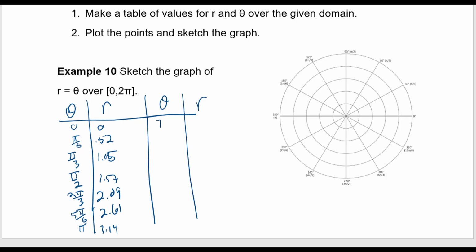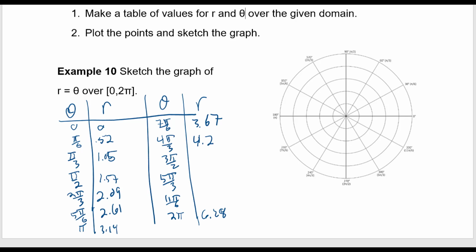And we can do 7 pi over 6, 4 pi over 3, 3 pi over 2, 5 pi over 3, 11 pi over 6, and 2 pi. That's going to be approximately 6.28. So 7 times the pi over 6 is going to be 3.67. 4 times the pi over 3 gives me 4.2.